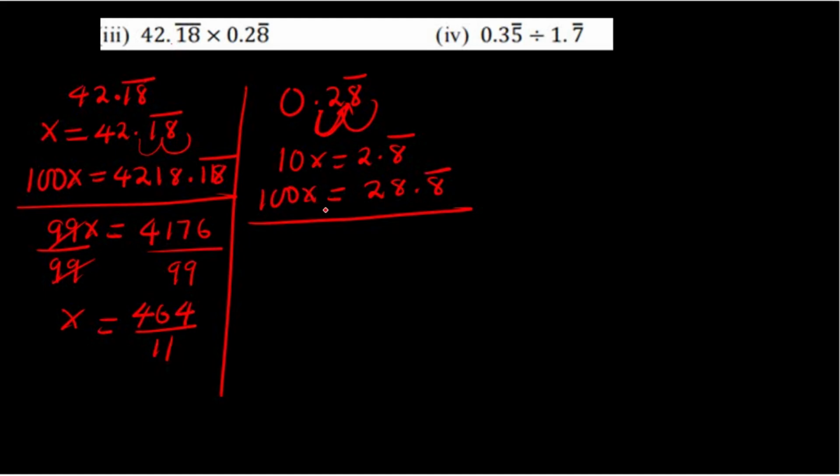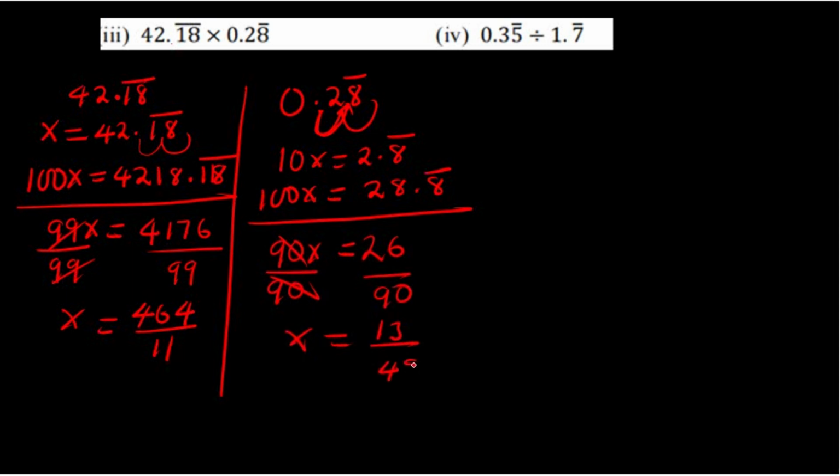So say 100x minus 10x, which is 90x. Then you have to say 28 minus 2, that is 26. You divide by 90. So there you can simplify to be 13 over 45. I've just divided by 2 on both sides.